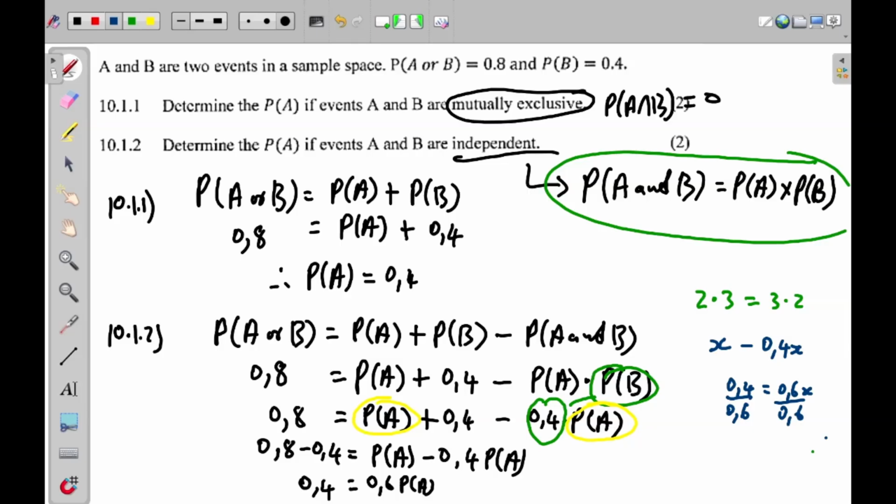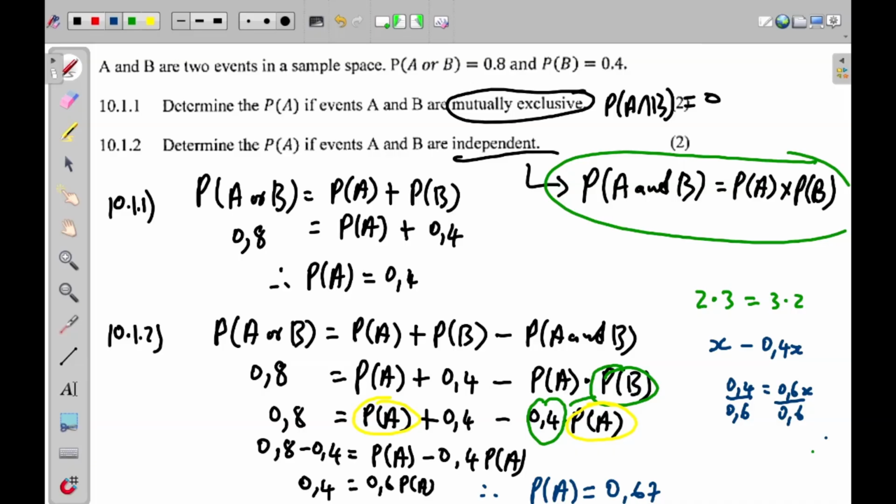We're going to take the 0.4 and divide it by the 0.6. And it turns out that our probability of A under these circumstances will be 0.6 recurring. So you may want to say roughly 0.67. So that is the long and the short of it in this case, guys.